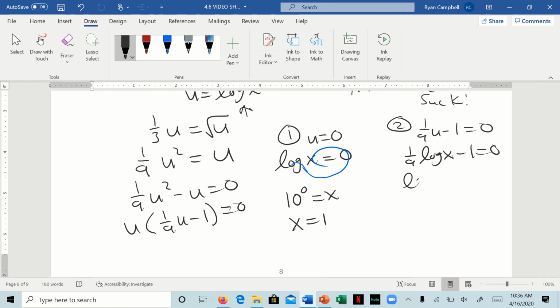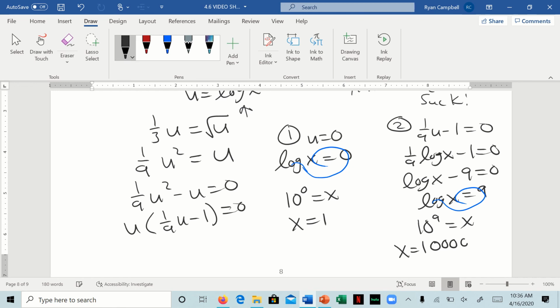Get rid of all the fractions. Log of x minus 9 is 0, so log of x equals 9. And again, we can snail it up. So we get that 10 to the 9th equals x, which of course would be 1 with 9 zeros at the end of it.